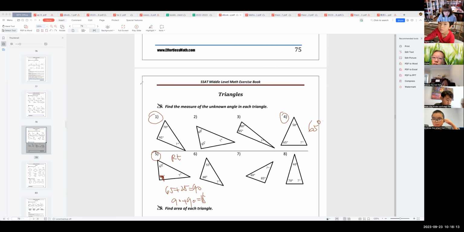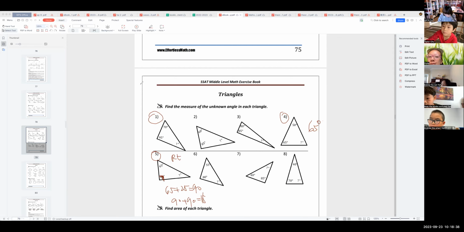So first one, 70, 95, and whatever. Violet, can you tell me what kind of triangle it is? Complementary. No, there's no complementary triangle. We only have complementary angles.